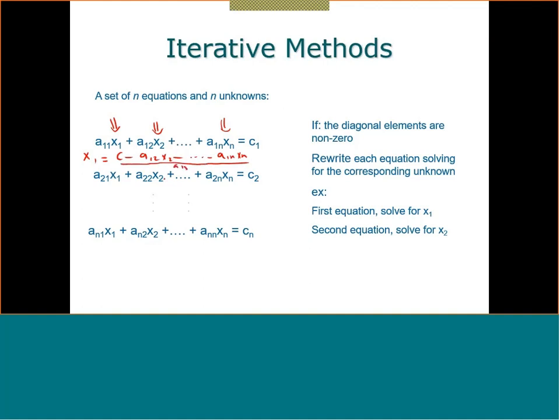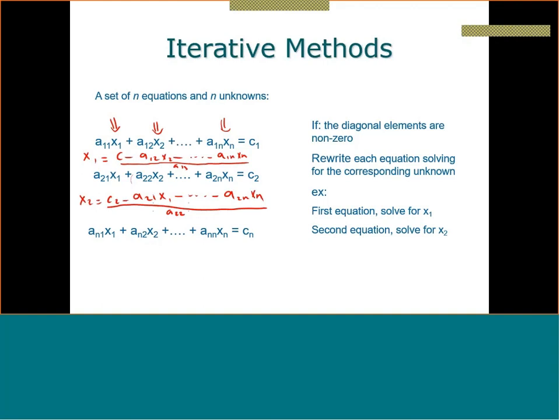I will come to the next equation and make it in terms of x2 now, not x1. So x2 will equal c2 minus a21 x1 minus until minus a2n xn, divided by a22.